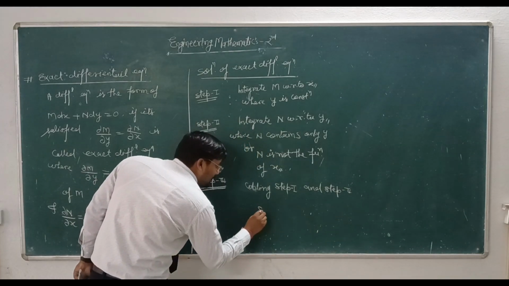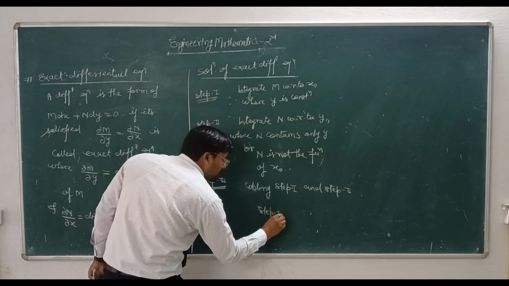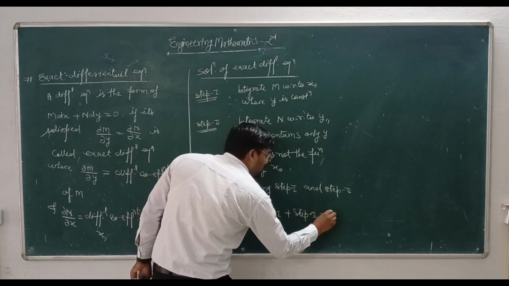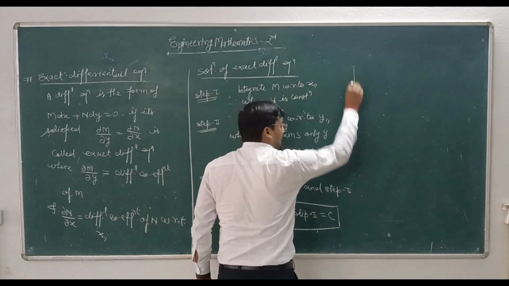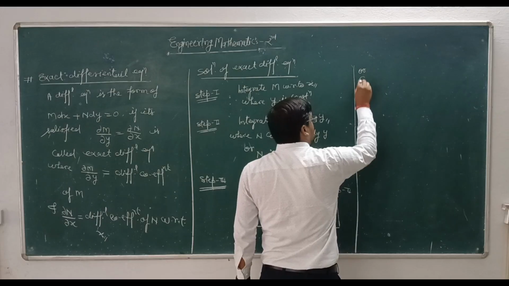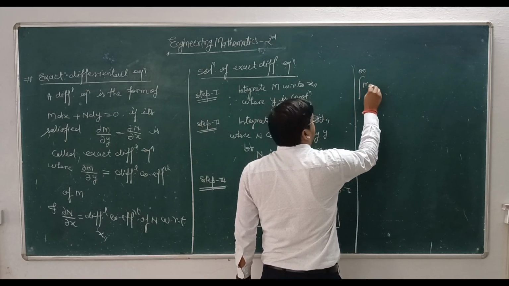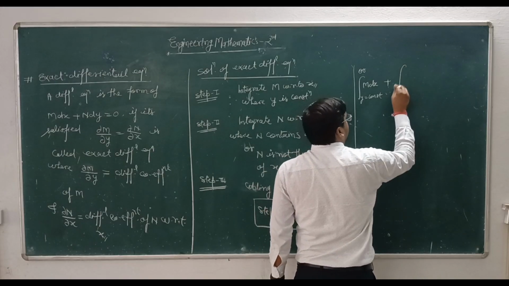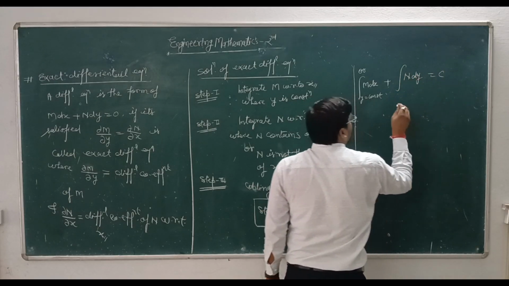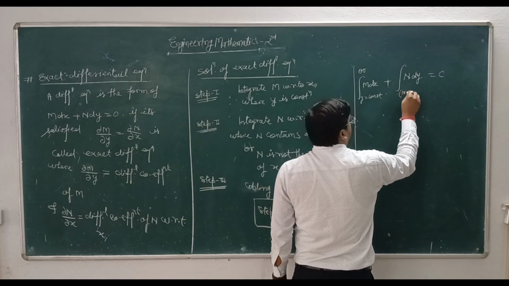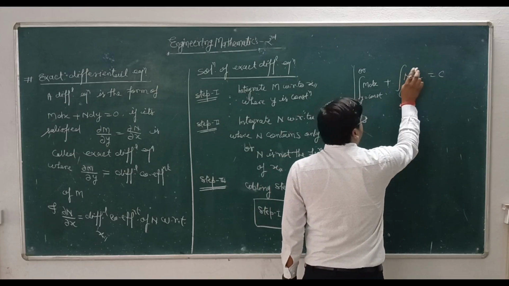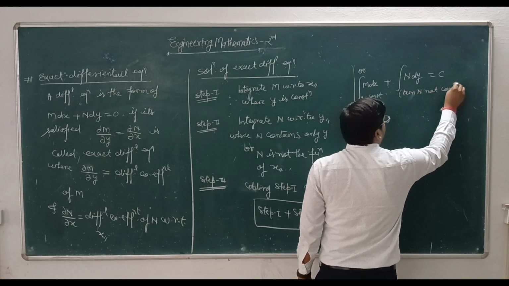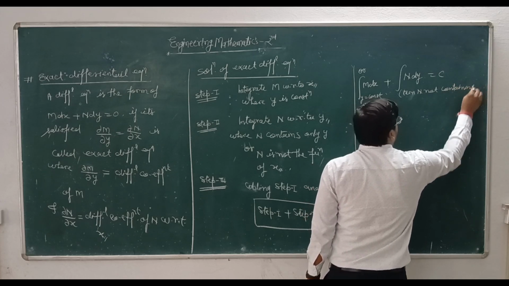You can write step first plus step second is equal to constant, or you can write integrate M dx, where y is equal to constant, plus integrate N dy is equal to constant, where the term N is not containing x.